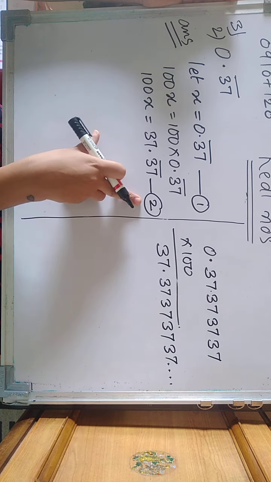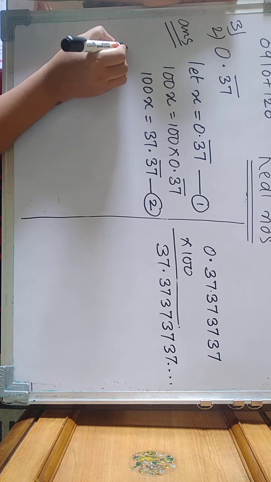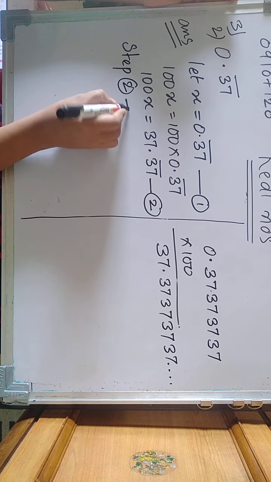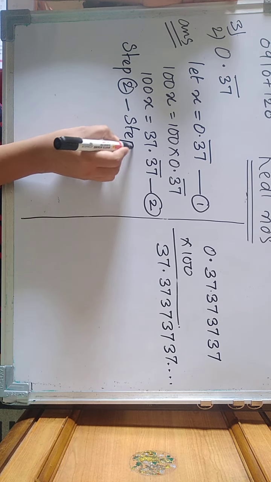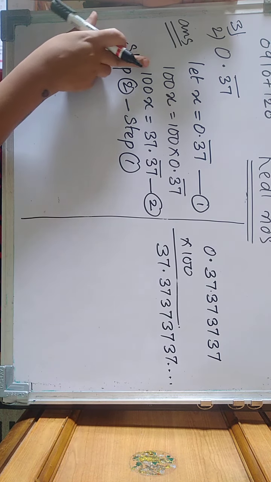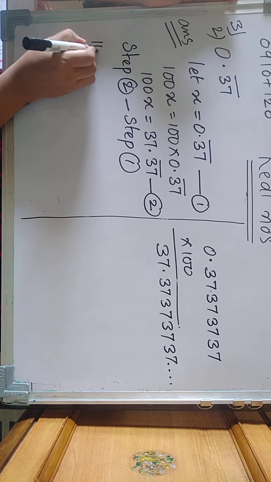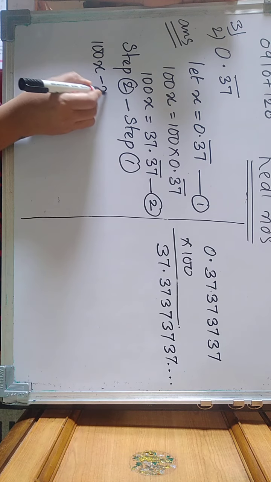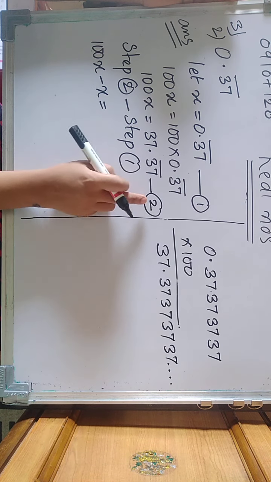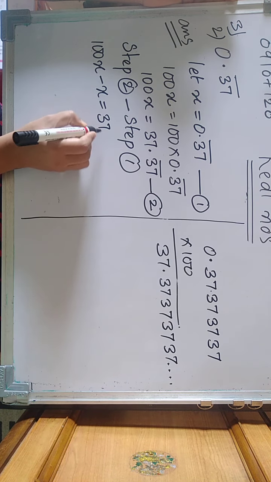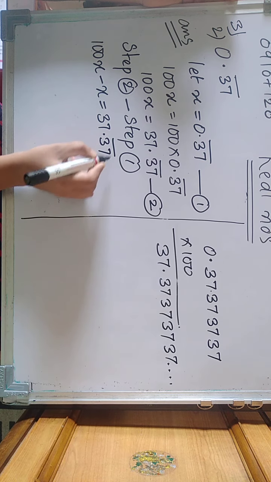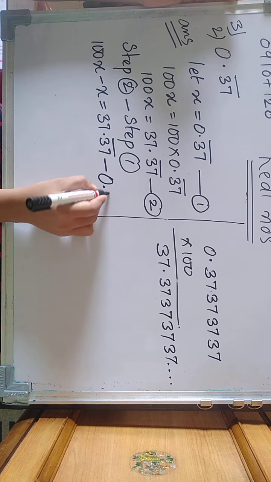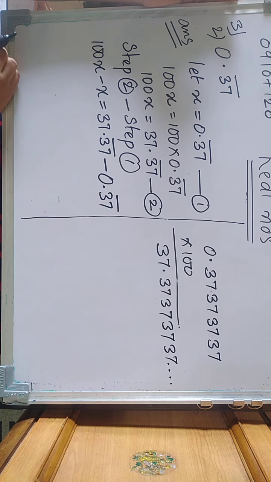After this, step number 2 minus step number 1. Step 2 minus step 1. So step 2 LHS is 100x minus step 1 LHS is x, is equal to step 2 RHS, which is 37.37 recurring, minus step 1 RHS, which is 0.37 recurring.